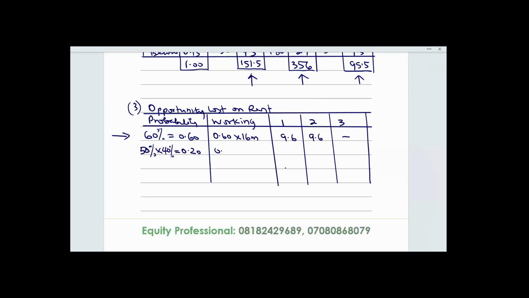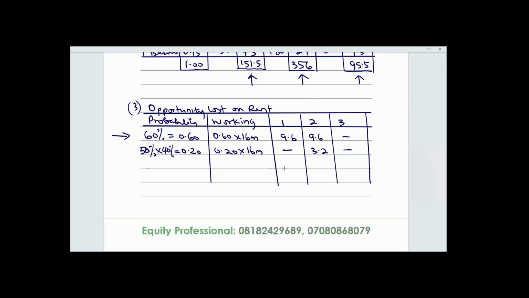You then say 0.20 multiplied by 16 million. This will give us 3.2. This 3.2 is the end of year 2, because beginning of year 3 is end of year 2, for 1 year only. Dash. Here will be 3.2.